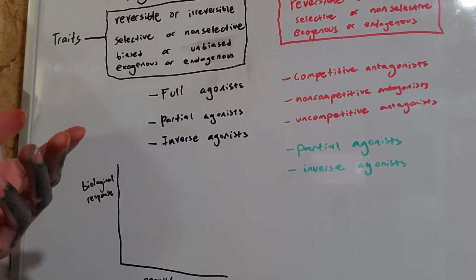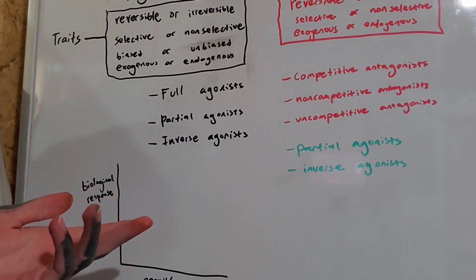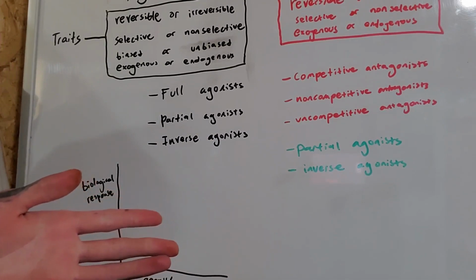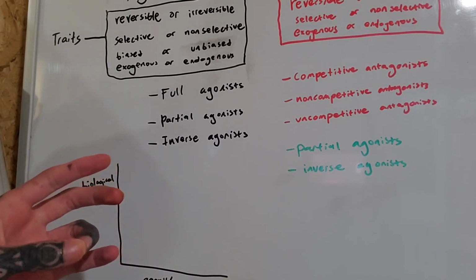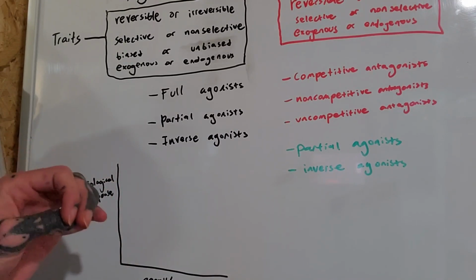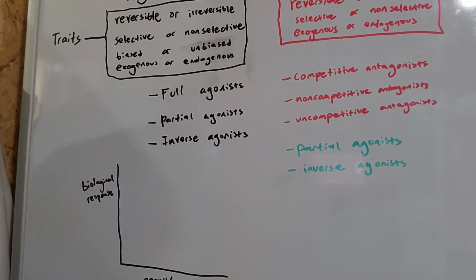The signal can be in different forms. In the case of an ionotropic receptor, it might be the opening of an ion pore or a channel pore in which ions will flow into the cell and cause the biological response.